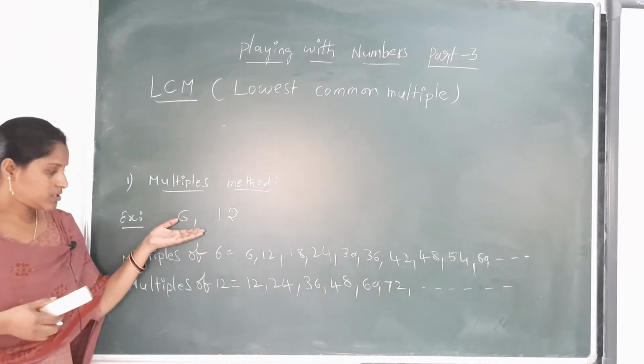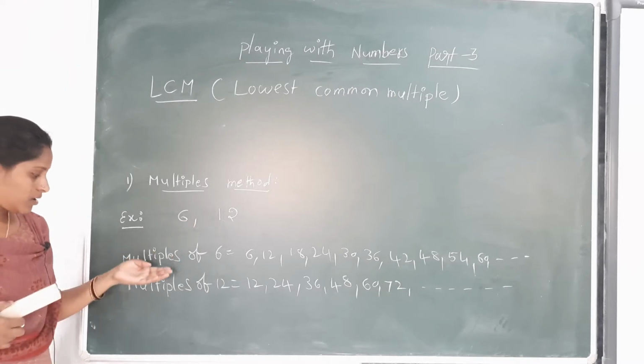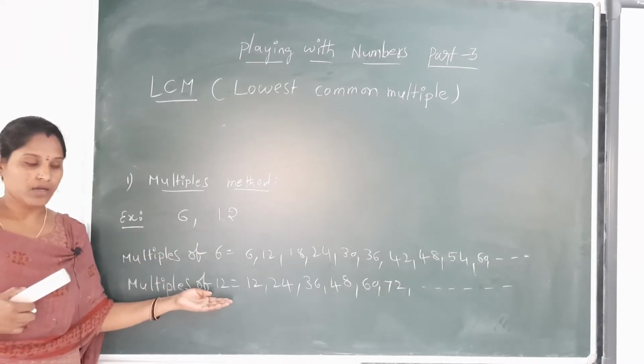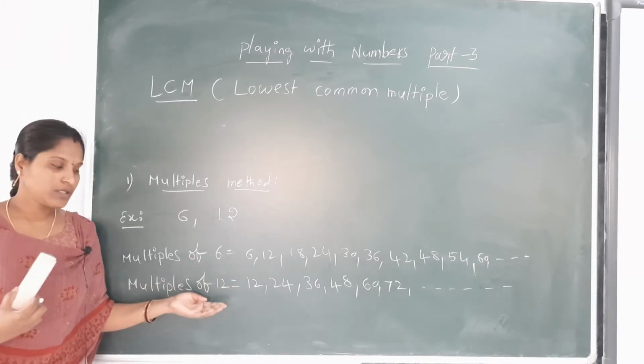Next, I have taken two numbers for finding the LCM. The multiples of 6 are here and the multiples of 12 are here. 6 multiples means the 6 table, 12 multiples means the 12 table.